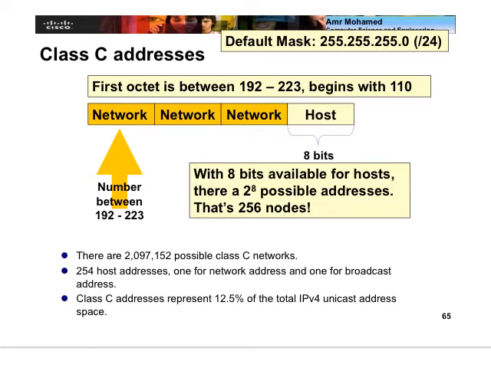Next is class C. Class C is from 192 all the way to 223. Remember, 192 is 11 followed by all zeros, and 223, the number next to it is 224, which is 111 followed by all zeros. And 127 is 0 followed by all ones, so the next number is 128, which is 1 followed by all zeros.